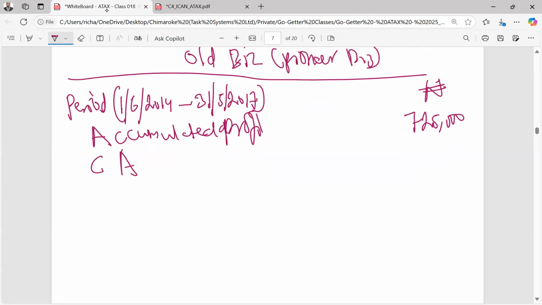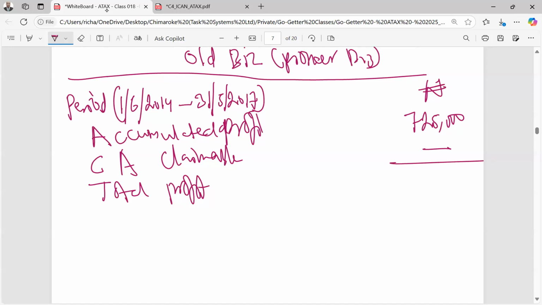Capital allowance claimable. It's got to be nil because you don't enjoy capital allowance. So total profits is going to be 725,000.